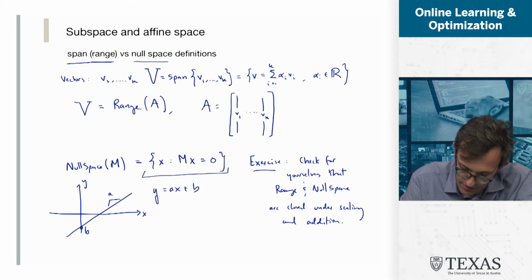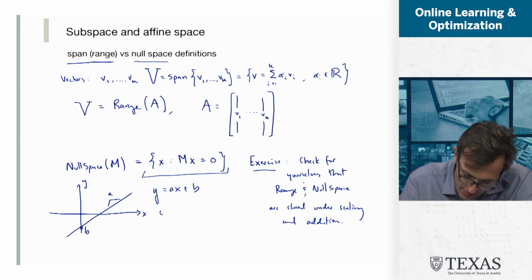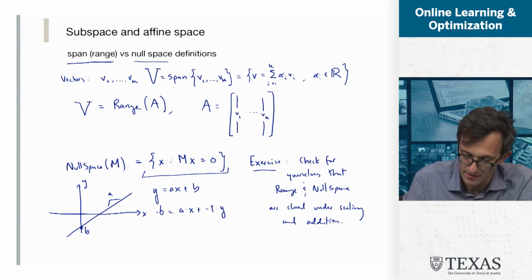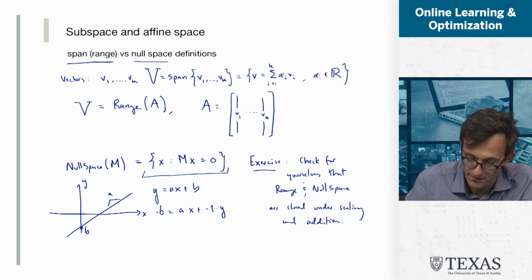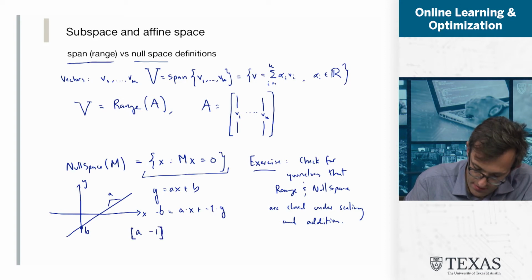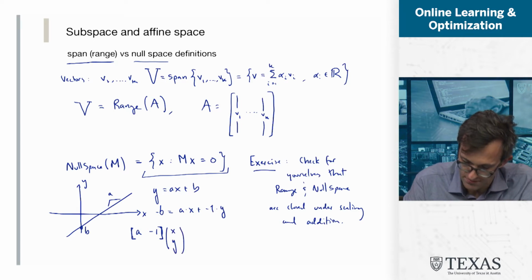I can rewrite this as 0 equals a times x plus minus 1 times y. Actually, let me put b on the left-hand side. So another way to write this in vector notation is the matrix, if you want to think of it that way, [a, -1] times the vector (x, y) equals minus b.